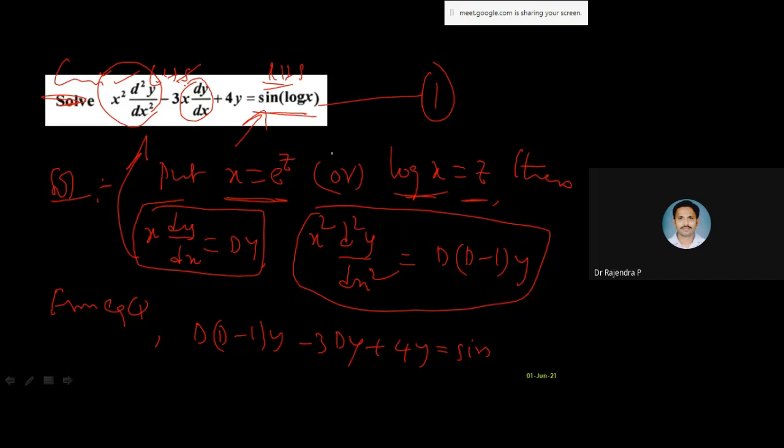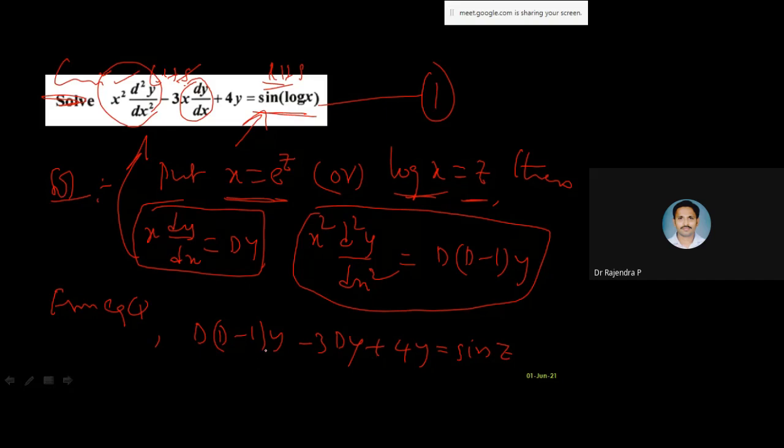Even if in place of x you take e power z, the z comes to the front and log e is 1, same meaning. So directly in place of log x, I am taking z, that will be sine z. Have you understood what I am doing in this problem? Yes, sir.